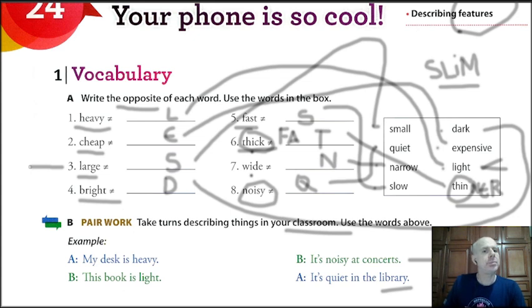My wardrobe is large. This mouse is cheap. My computer is heavy. My mobile phone is light. A top mobile phone is expensive.